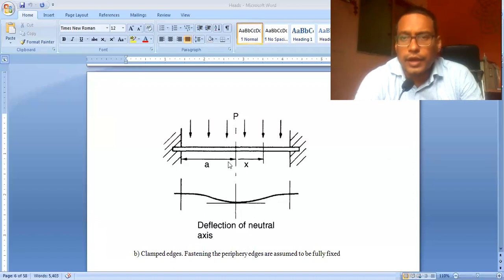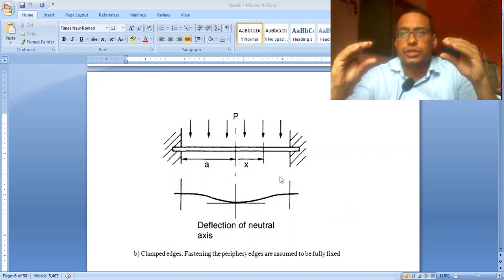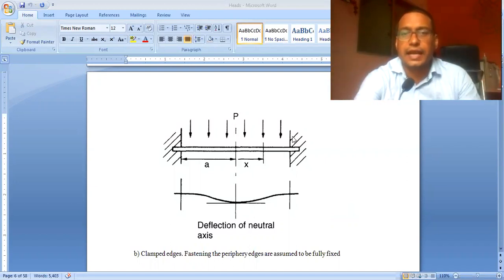Now, one by one, we are going to discuss in detail the heads. The flat plate head is closed at the two ends, that means it is clamped at these two ends.